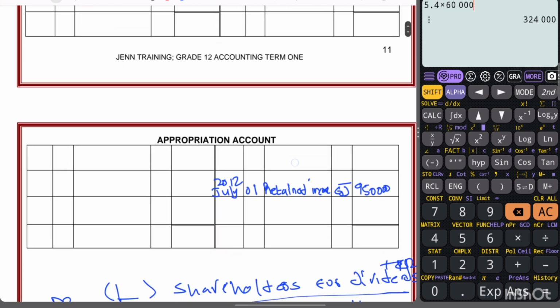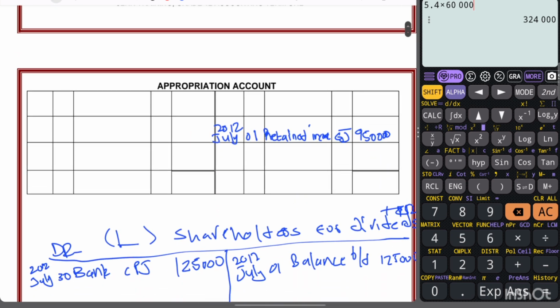Because when we are doing retained income, we normally do it using the appropriation account, but the difference will come from the retained income. Here we are having income tax.